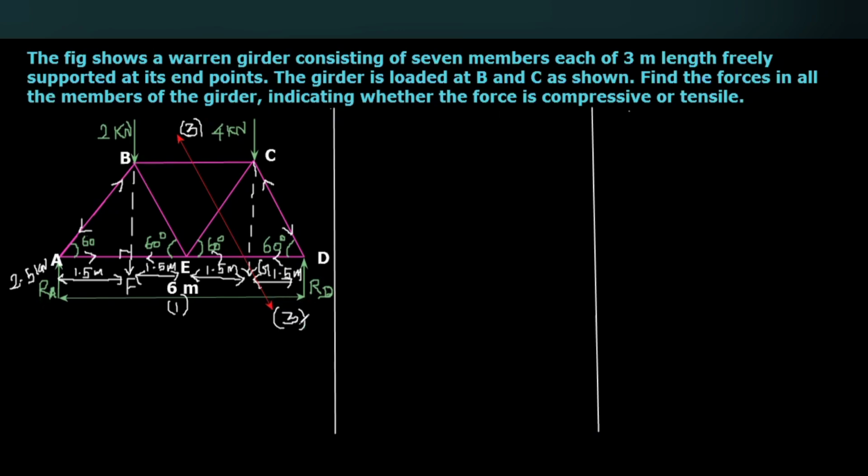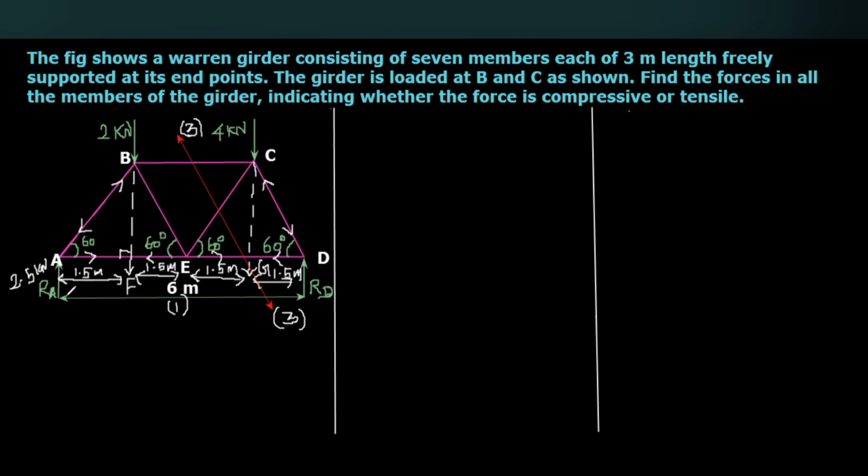And then this section line separates the frame into two portions. Here, the right side portion of the section line is the smallest portion, so that we are going to consider. As I mentioned earlier, the point loads such as RD and 4 kilonewton, which are all acting in the considered portion, only those we have to take into account in the calculation.